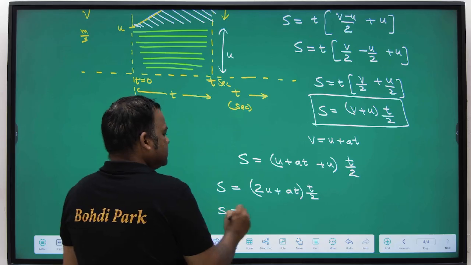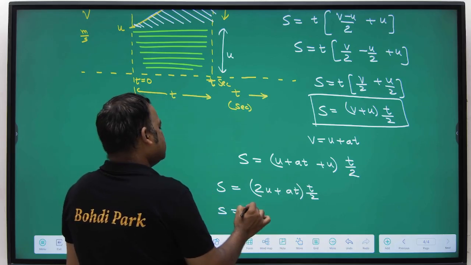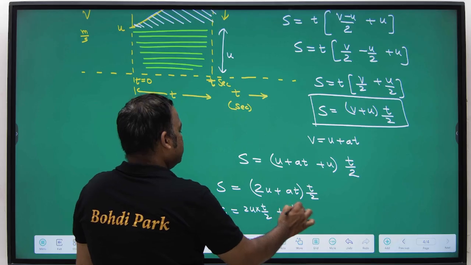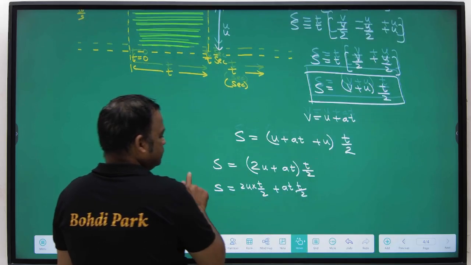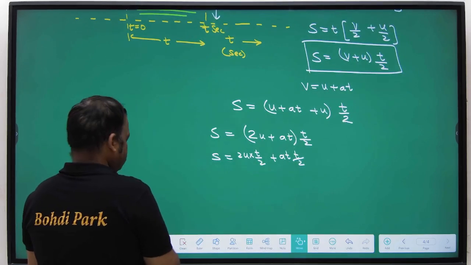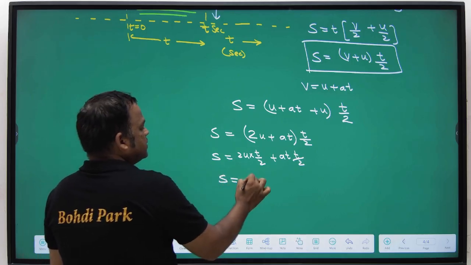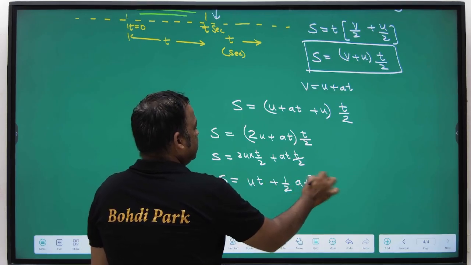Now multiply t by 2 with 2u and at. So this will be 2u into t by 2 plus at into t by 2. So S is equal to ut plus 1 by 2 times at square.